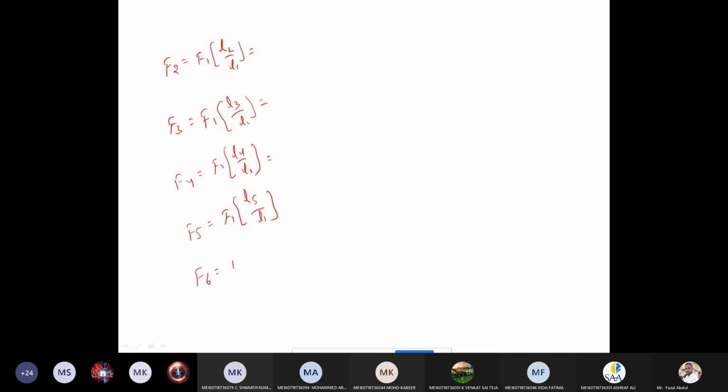F6 means F1 into L6 by L1. F7 means F1 into L7 by L1. Now get the values of F2, F3, F4, F5, F6, F7. Make it fast.